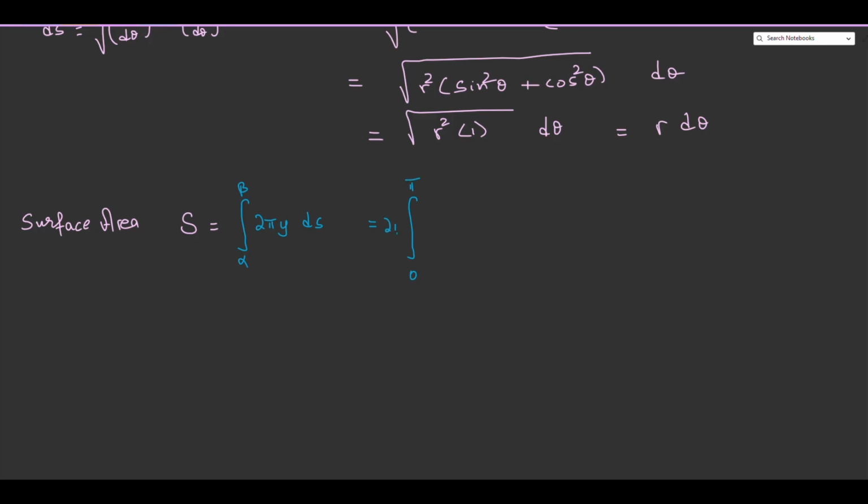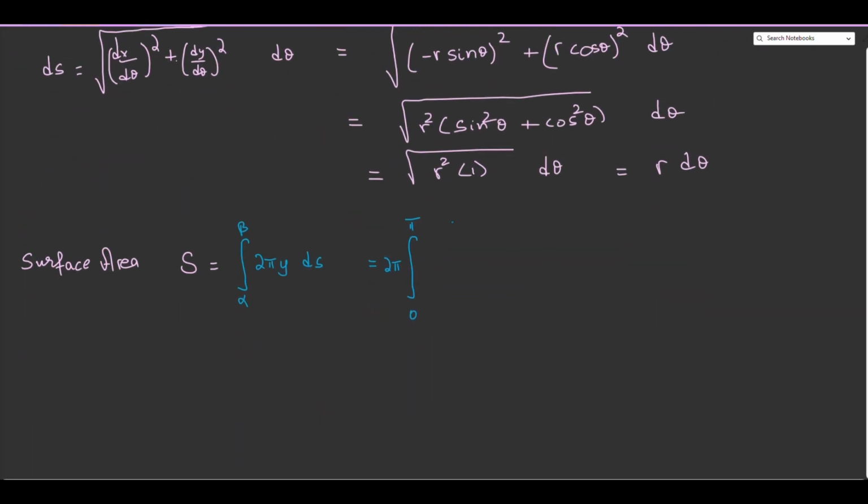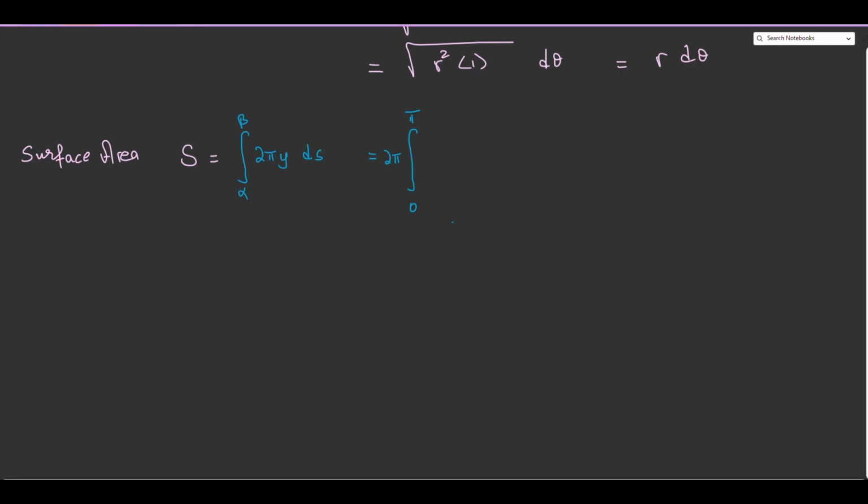This 2 pi you can write outside. And what is y? The value of y is r sine of theta. And what is ds? ds is this quantity r d theta.